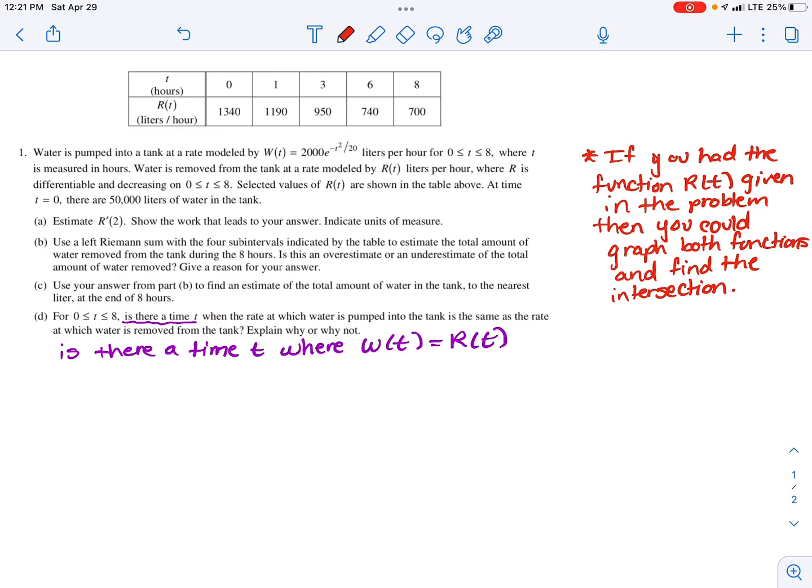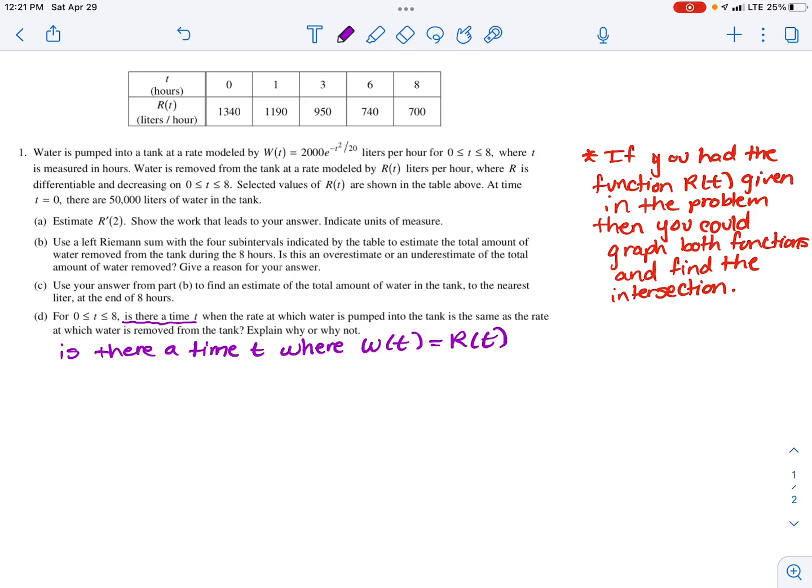Now, of course, they didn't give you R of t. They just gave you a table of values and told you what R of t was representing. And so that's why we're like, okay, we probably have to use a theorem of some sort. I'm kind of stuck here in terms of finding when they're equal to each other.